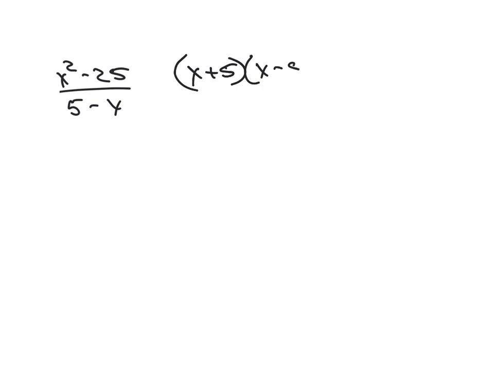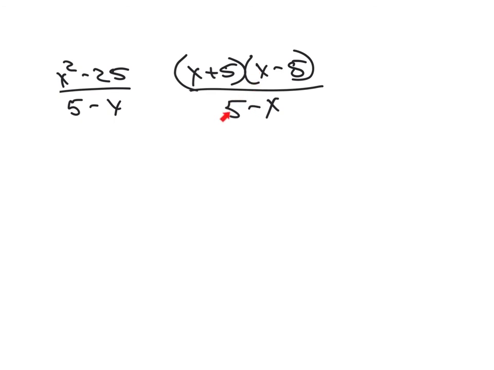Let's look at example number 6. x squared minus 25. Obviously, difference of two squares. So we get x plus 5 times x minus 5, over 5 minus x. Notice, my x is negative here, it's positive here.